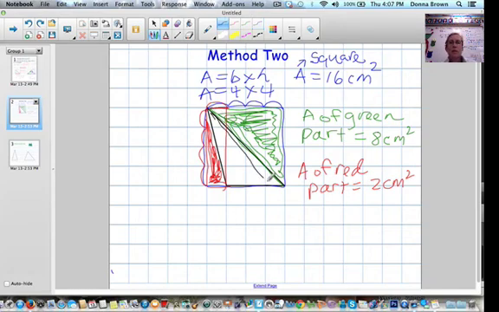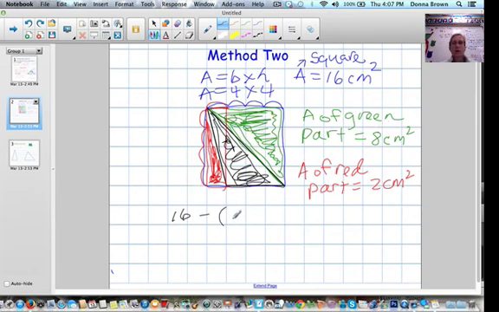So now all we have to do, I'm going to use black here, to figure out our actual triangle, which is this one right here, so everything that's inside of here, to figure out that black triangle, we're going to take the 16 and then subtract from it these 2 added together, because that's everything else besides the triangle.